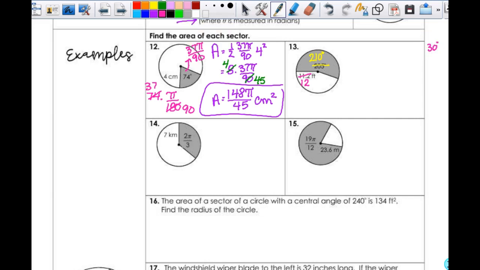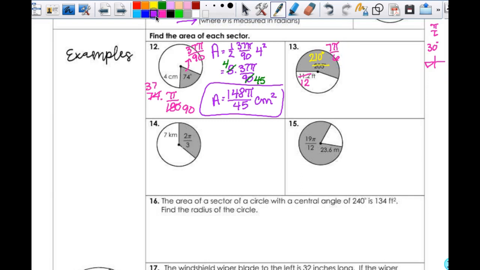What quadrant is 210 in? The third quadrant. So your 30 degree reference angle there in the third quadrant, what would the actual angle be? What's 30 in radians? Pi over 6. So to get to 6 pi over 6 is what? 7 pi over 6.